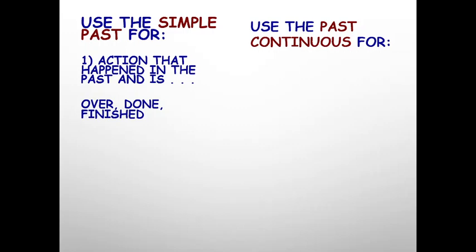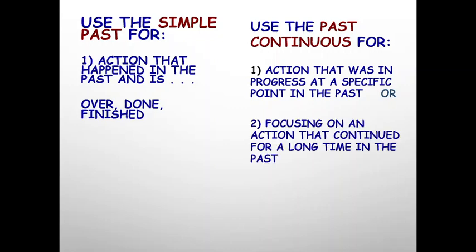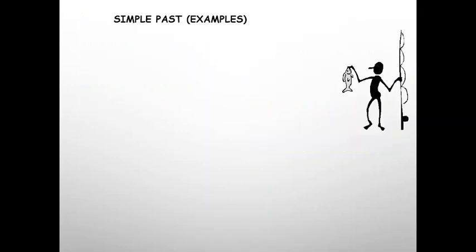We use the past continuous for actions that were in progress at a specific point in the past, or focusing on an action that continued for a long time in the past. I also prepared some examples of these tenses for you.